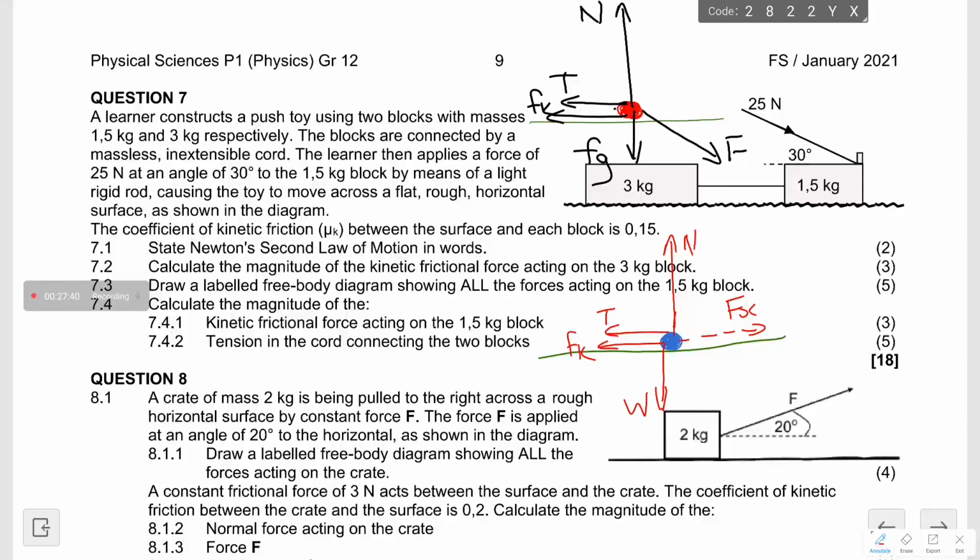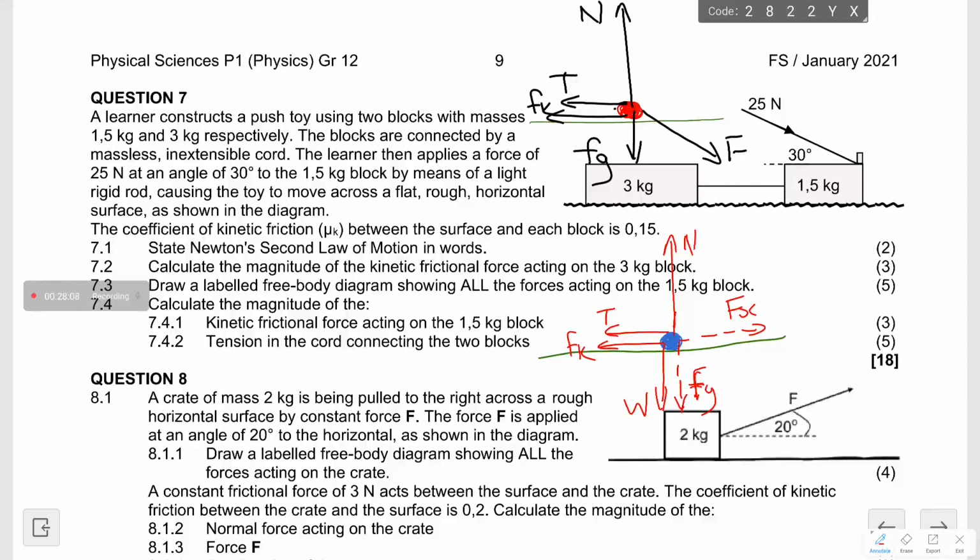So we're going to have Fy and Fx, and we know Fx is F cos theta, and then Fy is F sine theta, which is going to make it easy for us when we are dealing with any problem solving. So that will be it, the solution, or what is expected from you for 7.3.